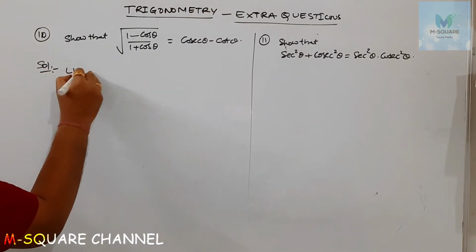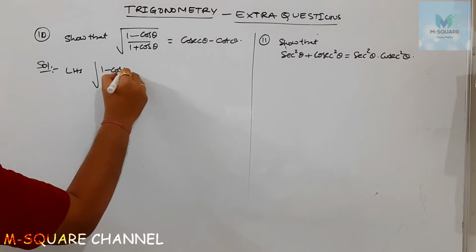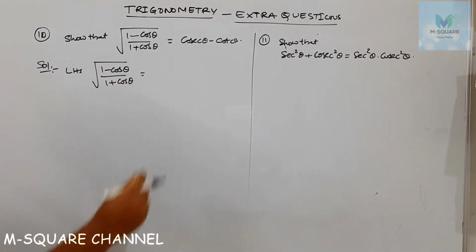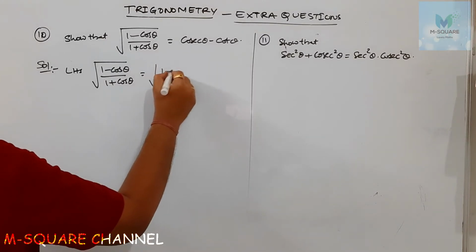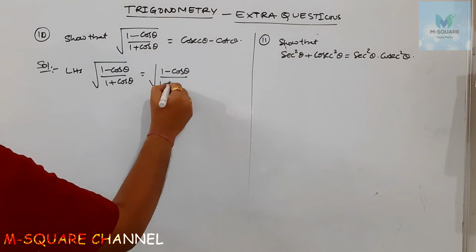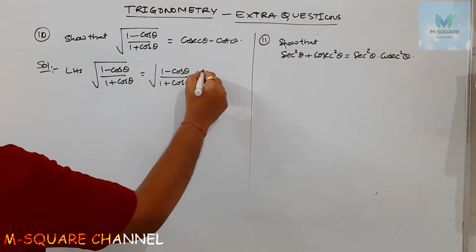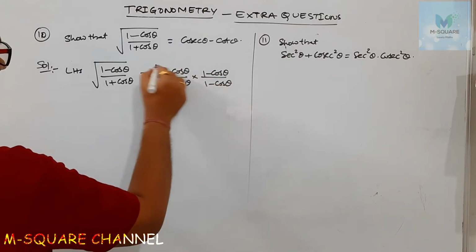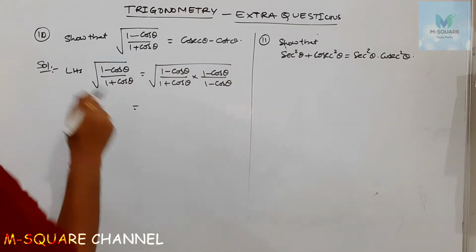Solution, LHS: root of 1 minus cos theta by 1 plus cos theta. So we multiply by 1 minus cos theta by 1 minus cos theta. It is nothing but rationalization because we are going to remove the square roots.